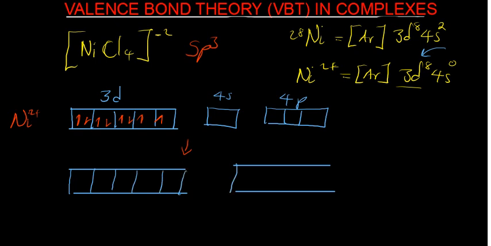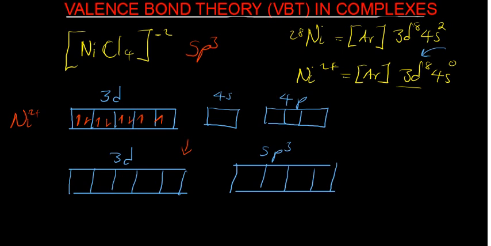And then you've got 1, 2, 3, and 4. So what we have here is still the 3d. This one has undergone hybridization, and so the name now is sp3. We start with s and then p3, because the s starts and then the p is in front.